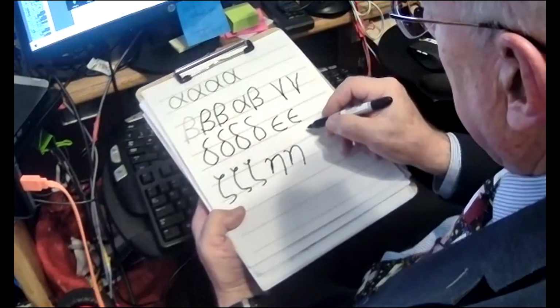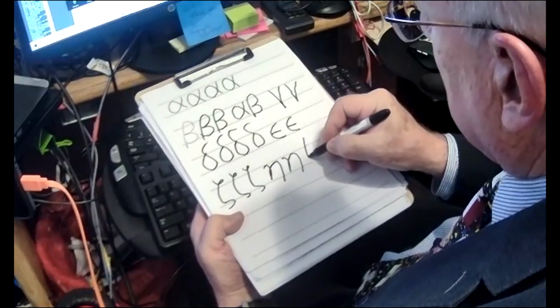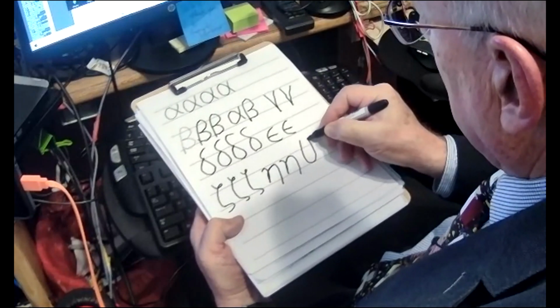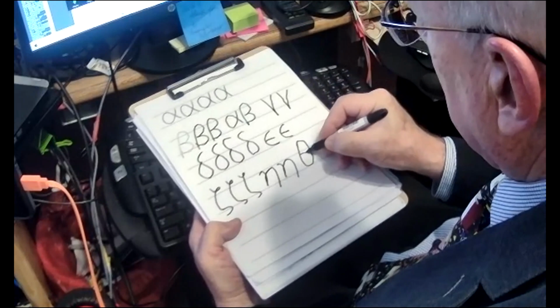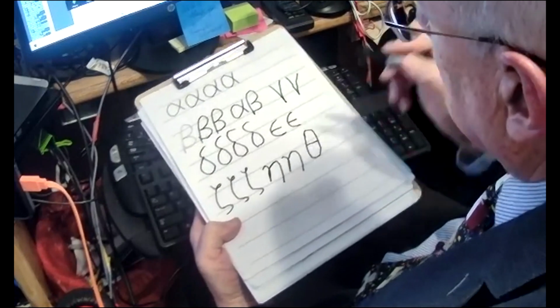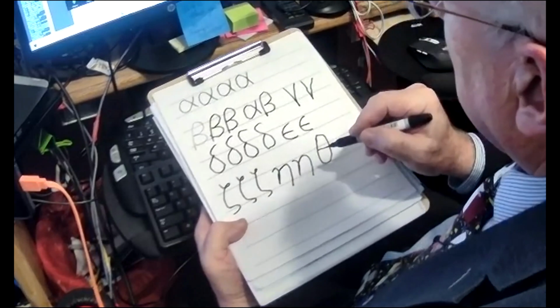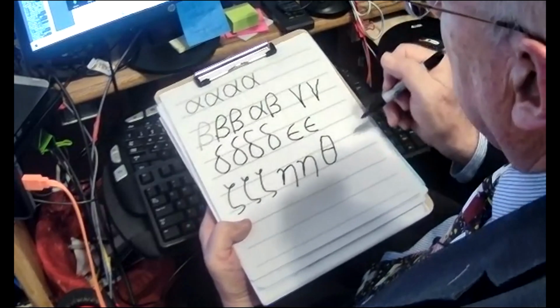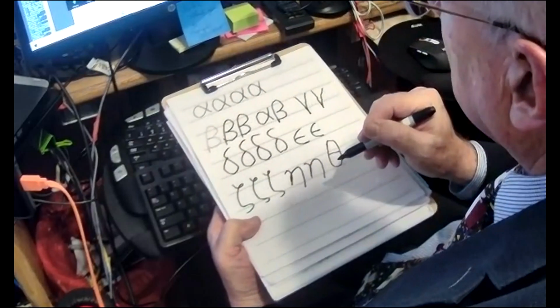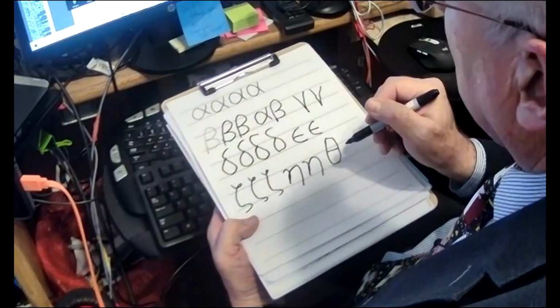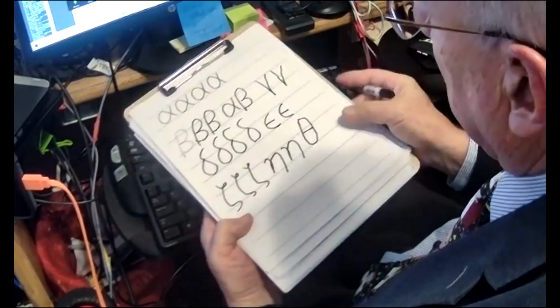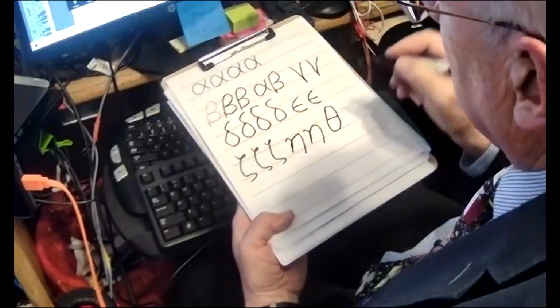Zeta, eta, and then the next letter is a large one. Actually, these three are easy to remember if you remember zeta, eta, theta. In fact, I have a little saying, zeta, eta, theta, and he got fat. If you can figure that out, maybe it helps you to remember the order of these three letters. I don't know.